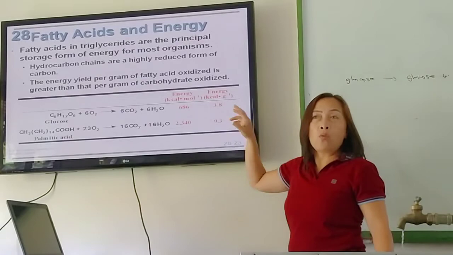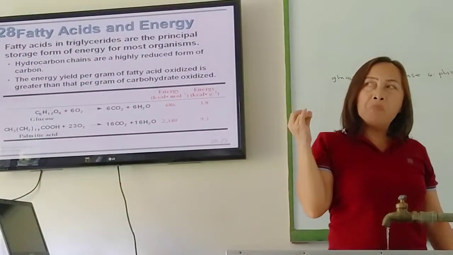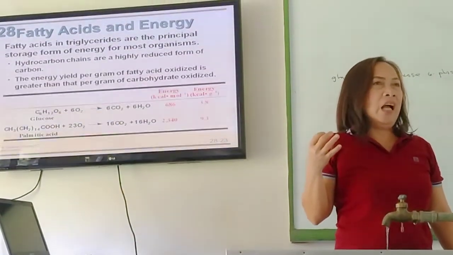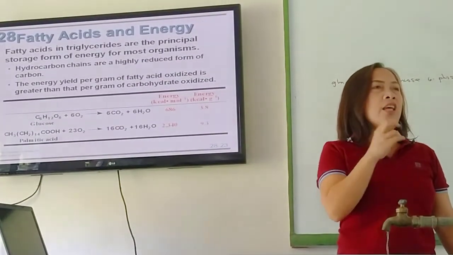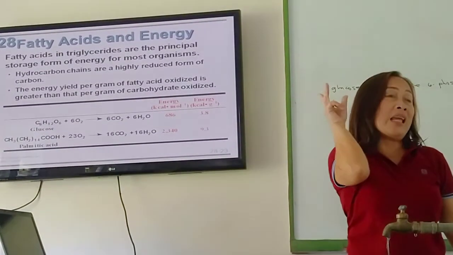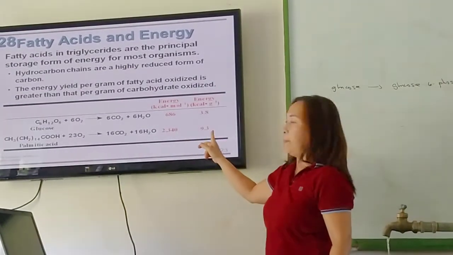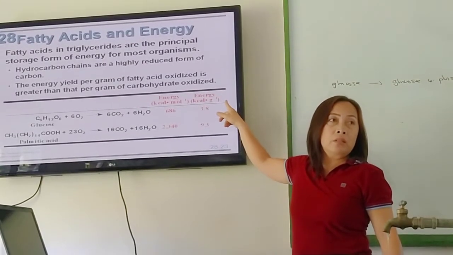So if you eat rice compared with the cheese on pizza, the cheese can give you 3 times the kilocalories per gram of the rice you ate.